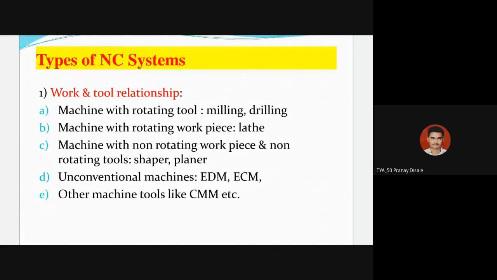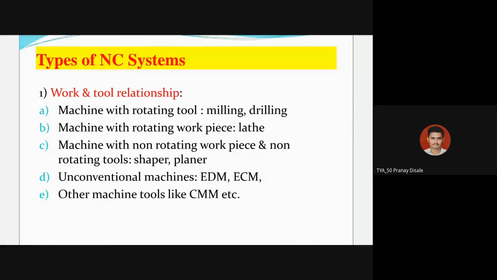The fourth type is the unconventional machines. Different unconventional machines are also available for the NC system. Now, what are the unconventional machines? There are two types: EDM and ECM. EDM is nothing but the electro discharge machine, and ECM is nothing but the electrochemical machine. These machines are also innovations of the NC system.